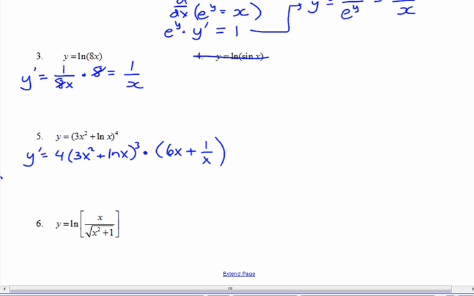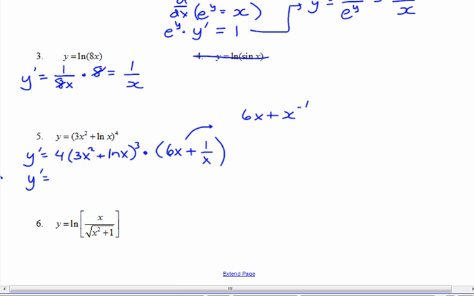Okay, or how else could you write that? X to the negative 1. So if we wanted to simplify this further, I would factor out x to the negative 1. So this guy is 6x plus x to the negative 1. Why?